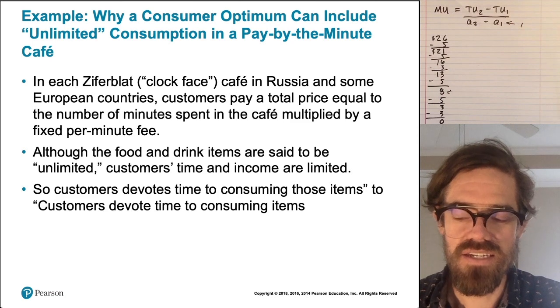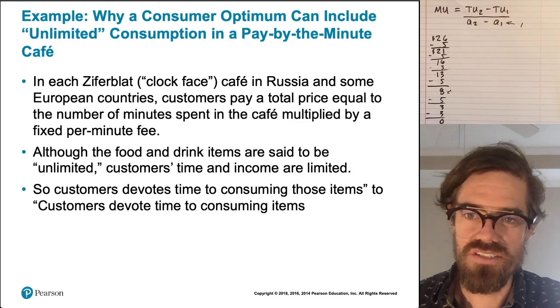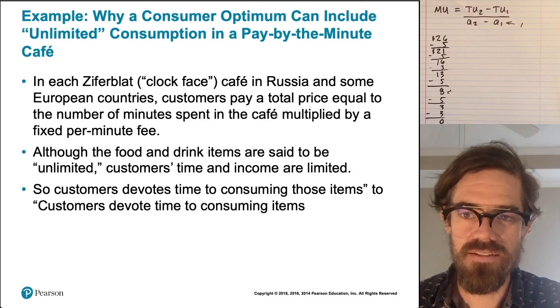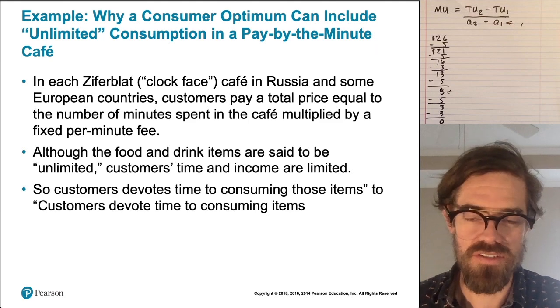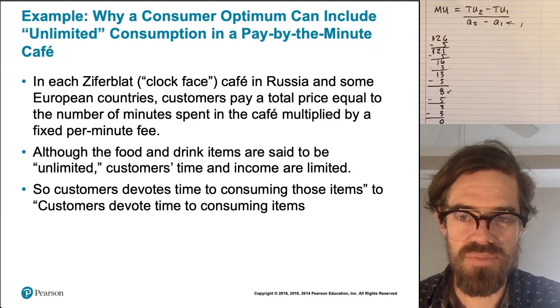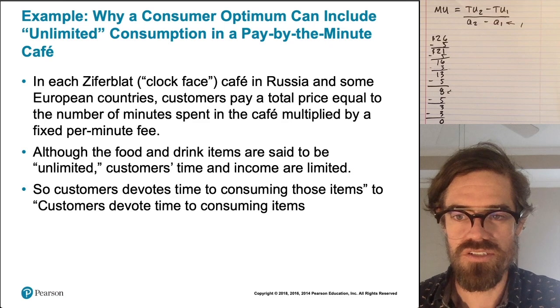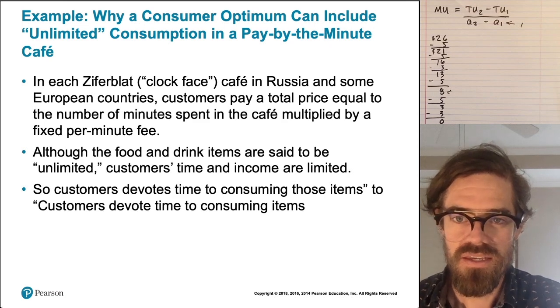So basically, you go in and you're charged, say, 50 cents per minute, and that's how it works. So if you're in there for 10 minutes, you're charged $5. If you're in there for 20 minutes, you're charged $10, and so on.